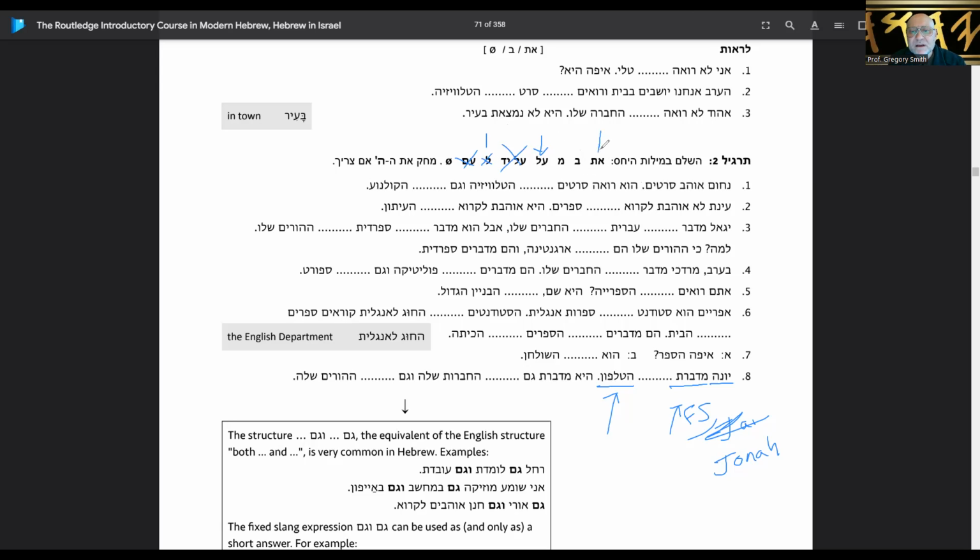Now, this is a possibility because et hatelephone is speaking blank hatelephone. Is speaking, but there's no on there. So I'm wondering if maybe this should have an al here, al hatelephone. But if I were to put ba telephone, that's literally like in the telephone. So I'm thinking it's going to be al. So I'm going to stick with al.